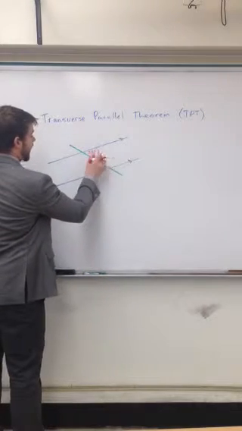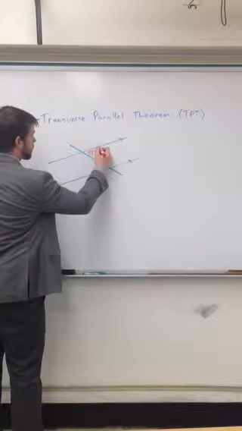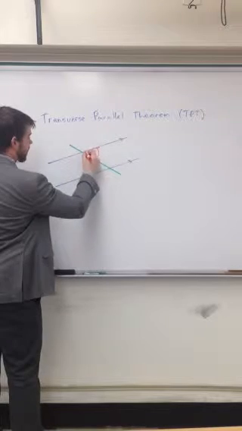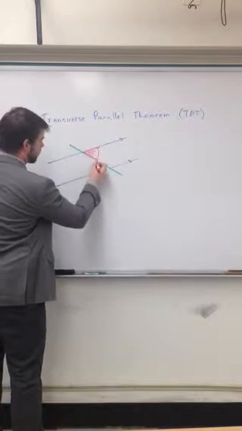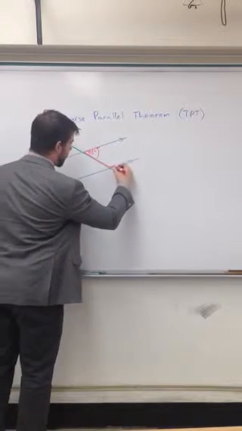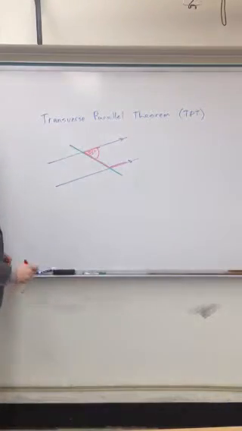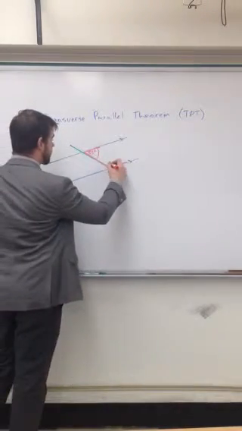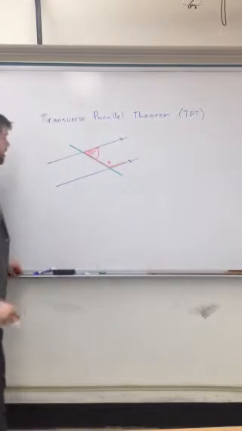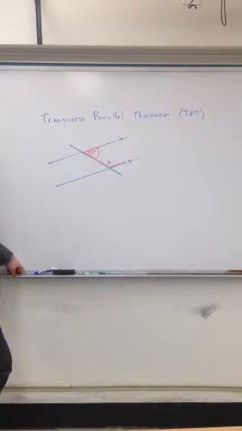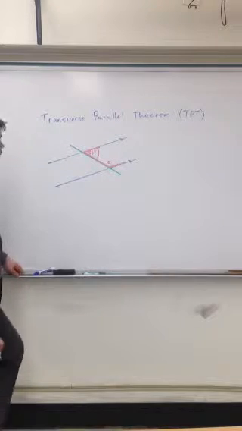The first is that if we have a pair of angles that are on the same side of the transversal and contained within the two parallel lines, like this 55 degrees and this angle, we'll call it A, then we know that the sum of those two angles is supplementary. That is, it adds to 180 degrees.